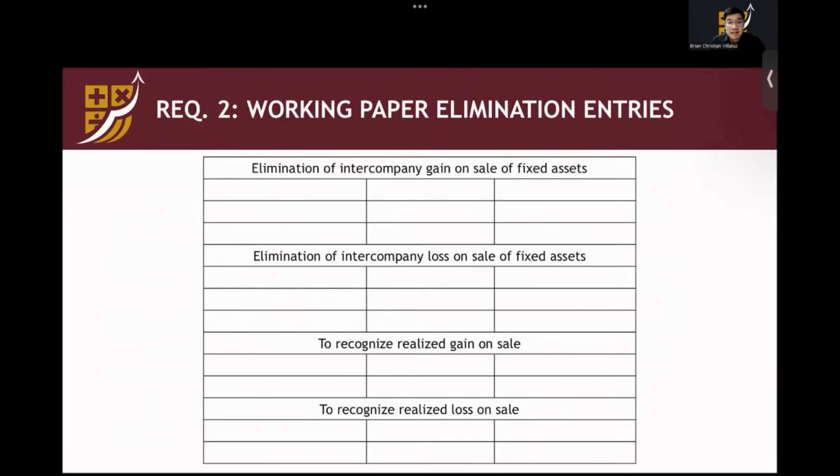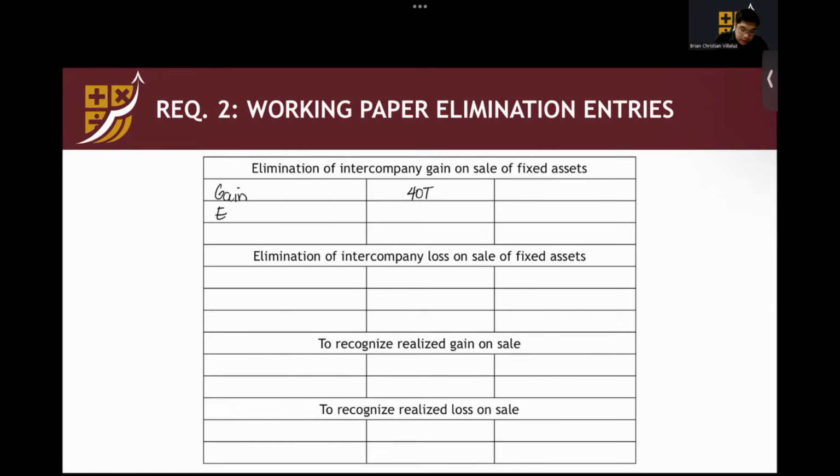What we will do there is reverse the intercompany sale on January 1, 2023. So, how do we reverse it so that we can remove the effect? So, debit the gain. We need to remove the gain, right? So, the gain is 40,000, correct? Then, we will re-establish the historical cost of the equipment. Okay?